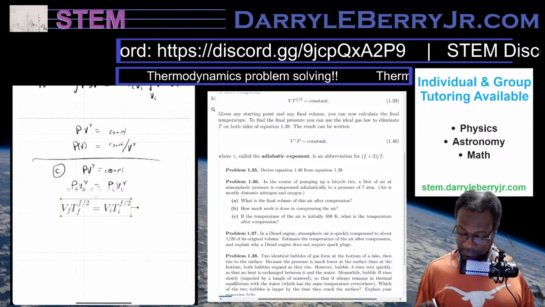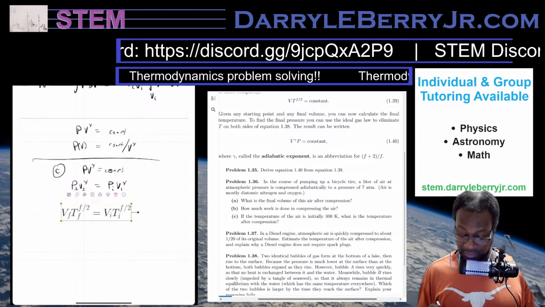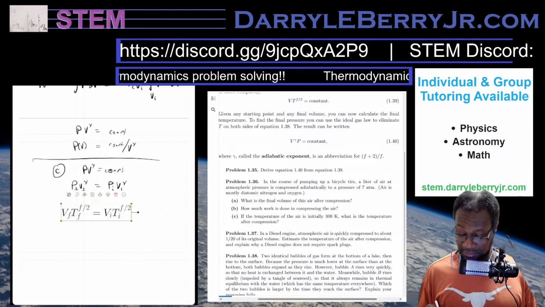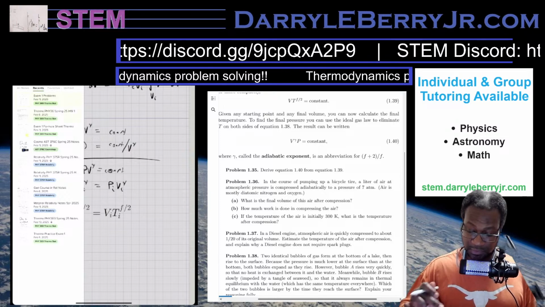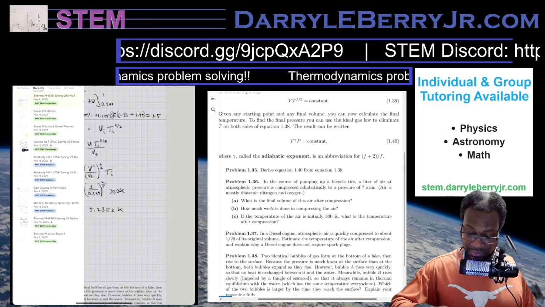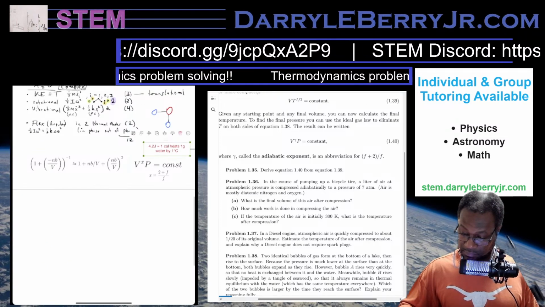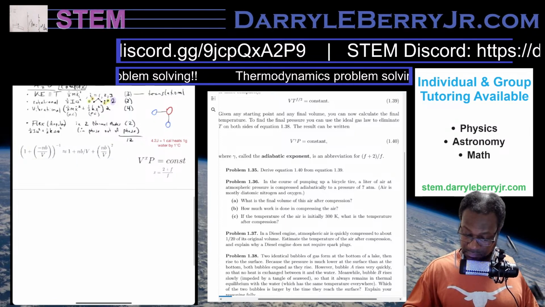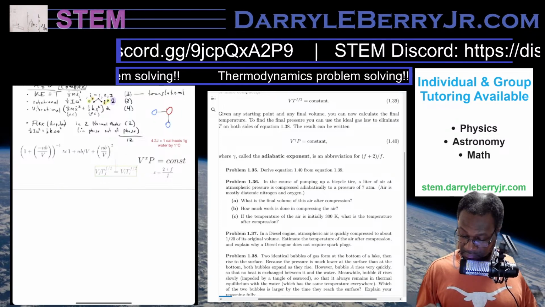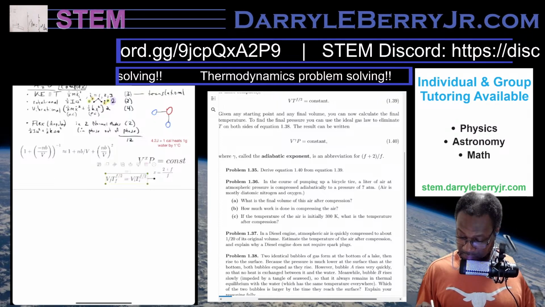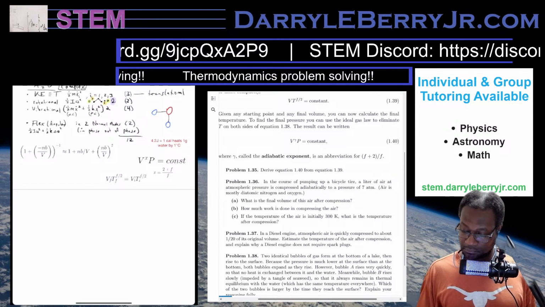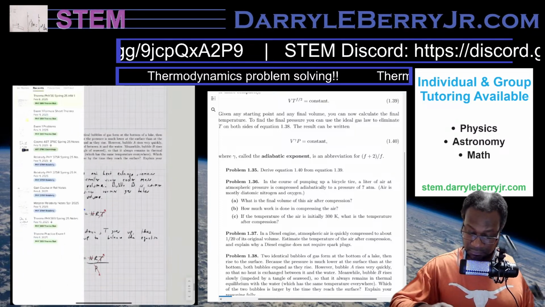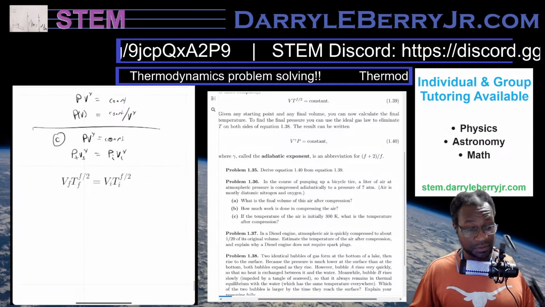I think that's it. VF TF f over 2 equals VI TI f over 2. So this is definitely one for the formula sheet. Actually, it's easy enough.